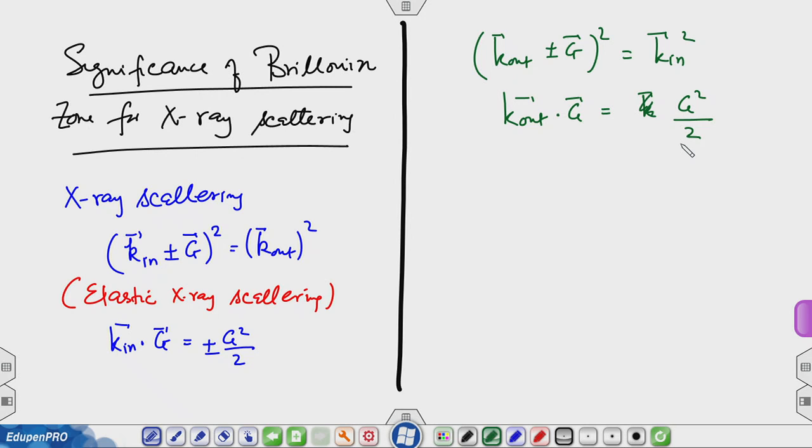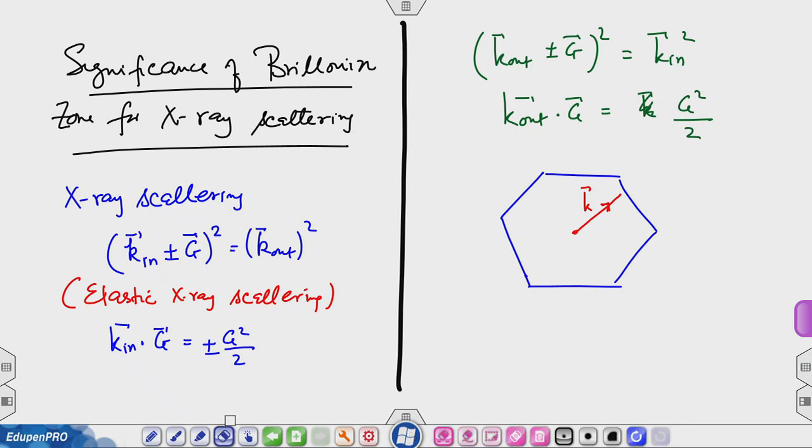So, I can write it either way, and the reason is that when we made a Brillouin zone, let me just make it arbitrarily, then any vector k that starts from the center of the Brillouin zone and goes to the boundary is a possible direction of k_out or k_in. The reason being that the way the Brillouin zone is constructed, let me make it at an angle so that it is shown better.